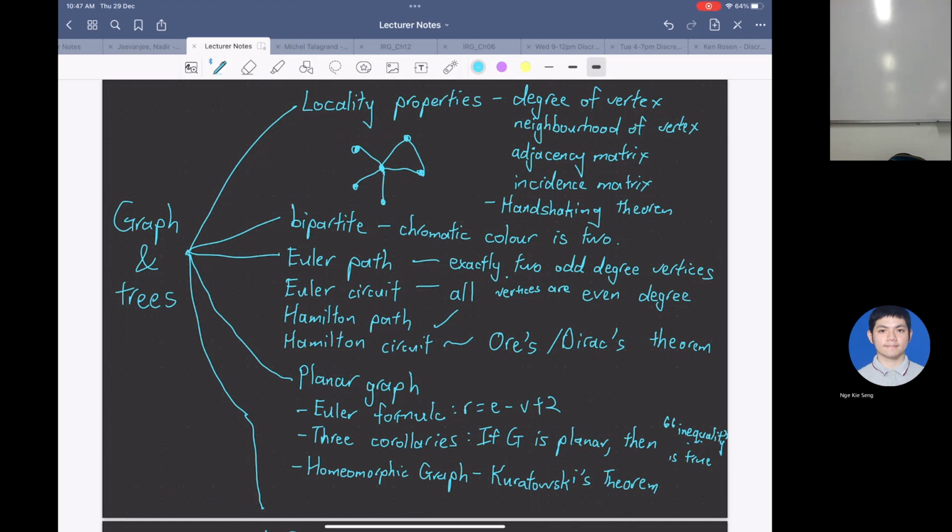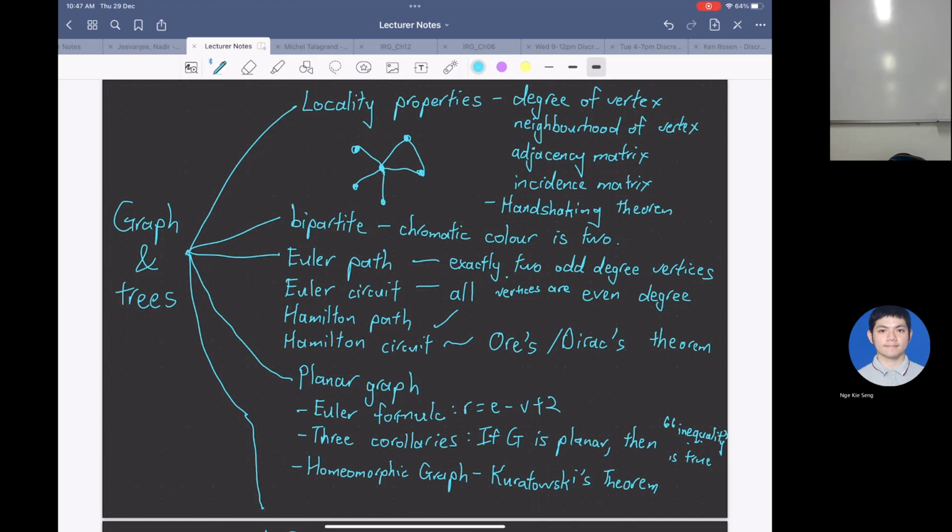Next we learn bipartite graphs, how to split the vertices into two sets, using chromatic colouring. If you show that the chromatic number is 2, you can colour with 2 colours, then it is bipartite. Next we learn Euler path, Euler circuit, Hamilton path, Hamilton circuit.